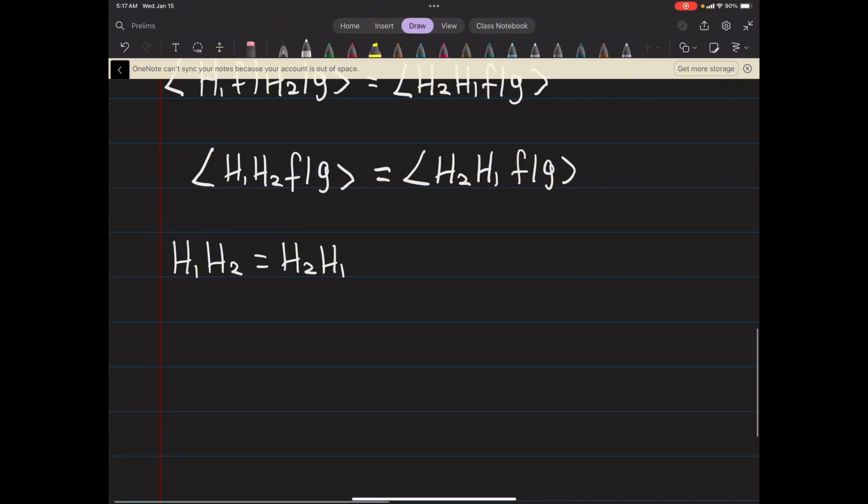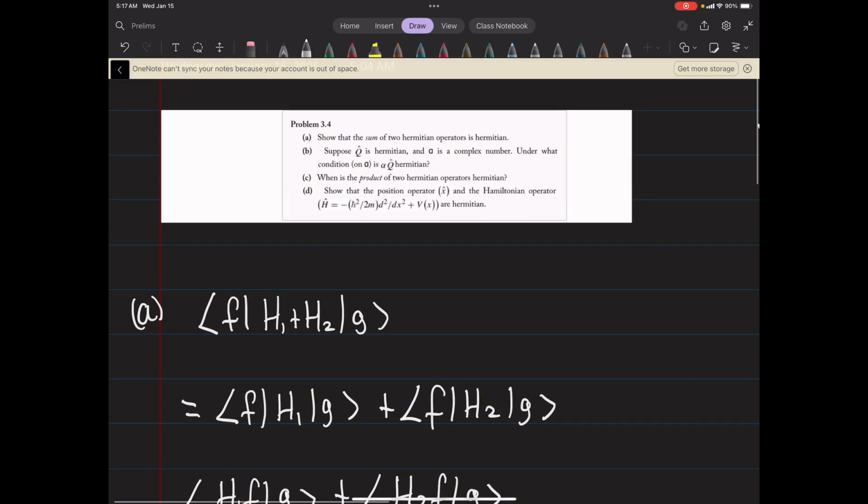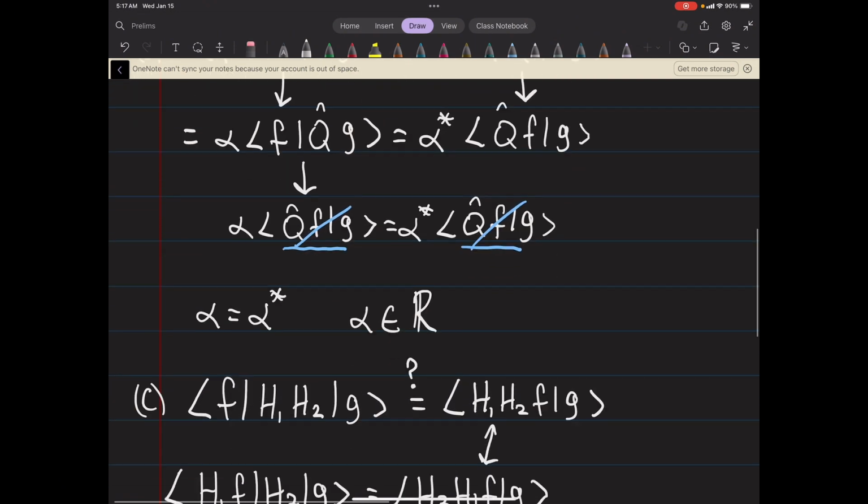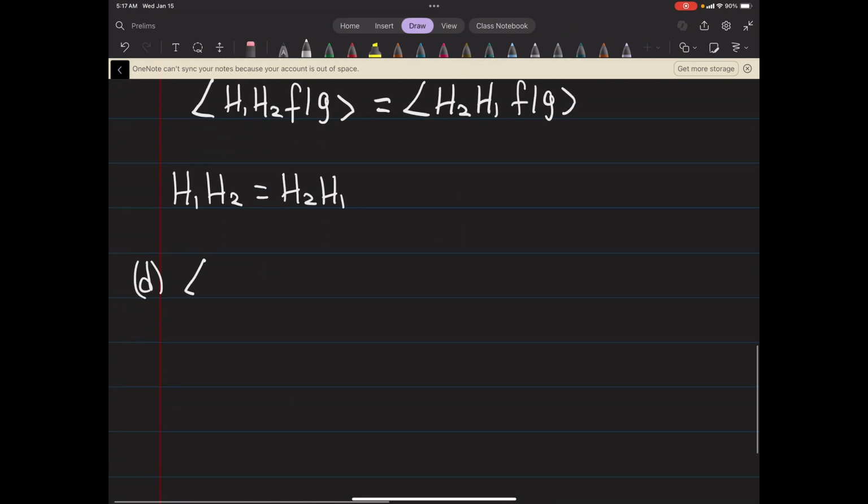Moving on to part D. Show that the position operator and the Hamiltonian operator are both Hermitian. We'll start with the position operator. And just remember, the position operator is really easy. It's just equal to x.